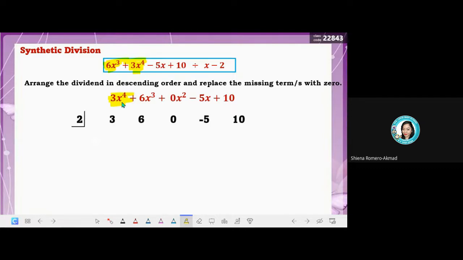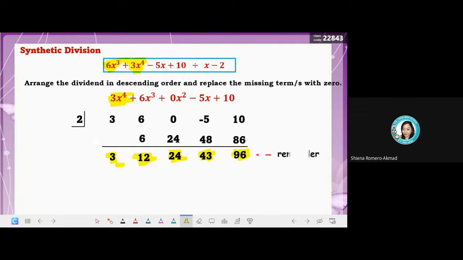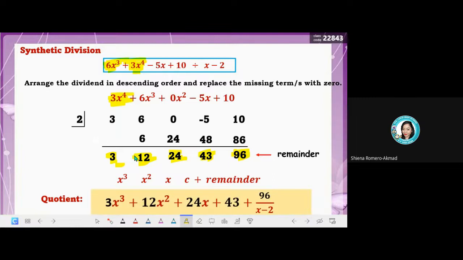Yan. And ito yung example natin kanina. Dahil positive sila lahat, ibig sabihin, puro plus ang magiging operation natin. Ayan. So this will be our answer.